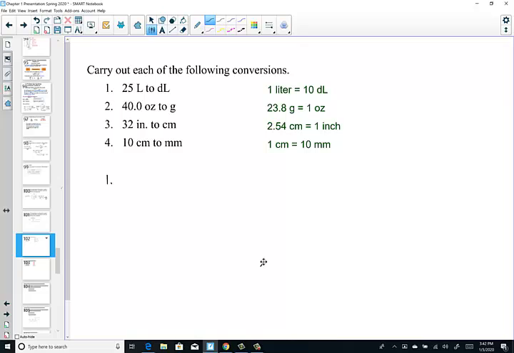25 liters to a deciliter. Deci is the 10th of a liter. Start by writing your number and your unit of what was given. We're going to set up a conversion factor, thinking want over given. We were given a liter and we want to go to a deciliter.